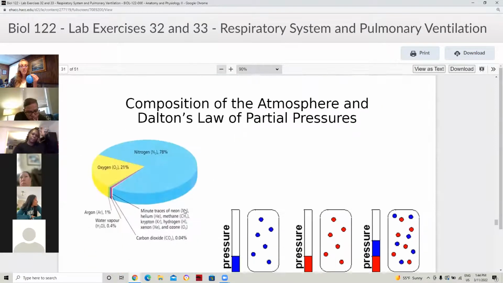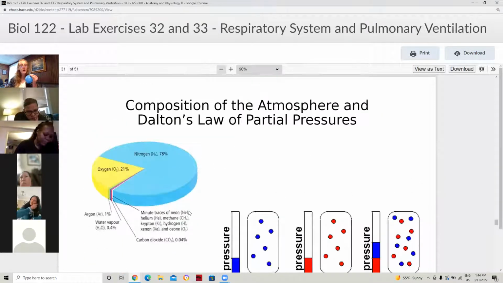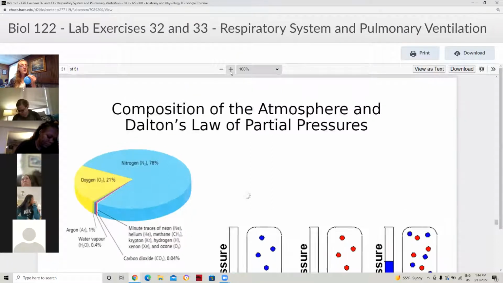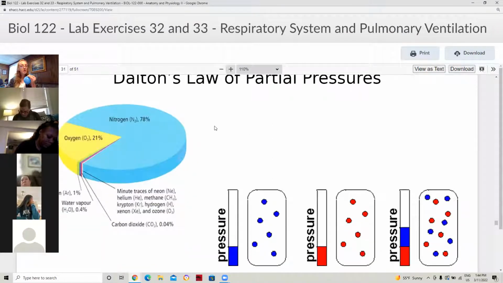One other law that's important here is because we have to have a certain amount of oxygen. Well, atmospheric air is a composition of a lot of different gases. At sea level, we're at 760 torr.